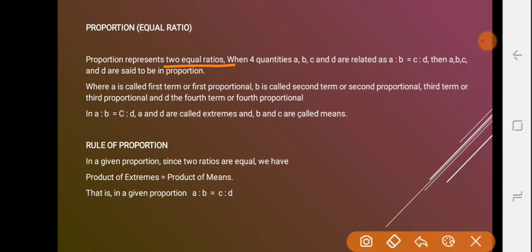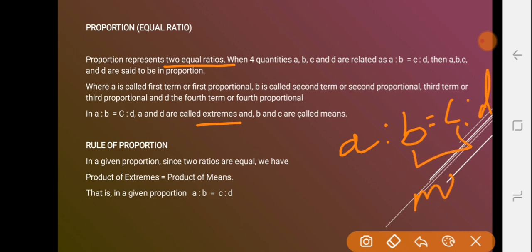So if a is to b is equal to c is to d, a and d are called extremes and b and c are called means.